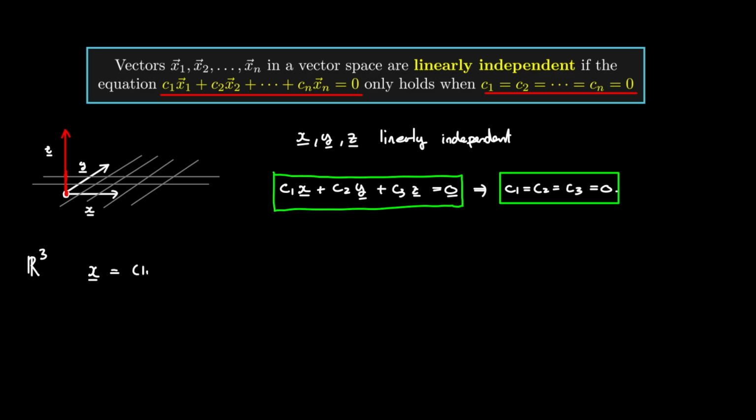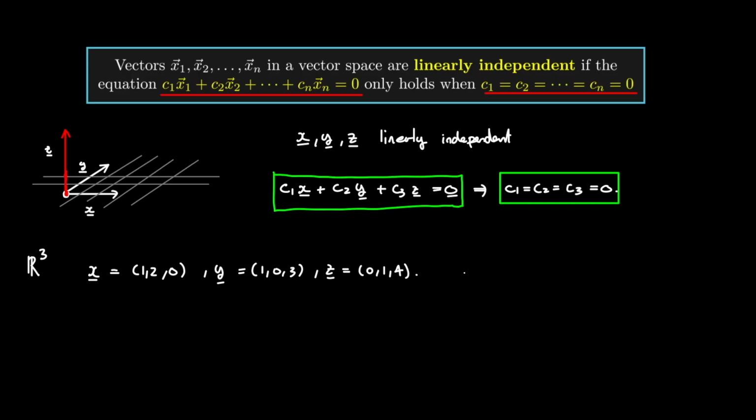Well, let's take (1, 2, 0), because I don't know what else to do. Let's take y equal to, whatever, (1, 0, 3), and z equal to (0, 1, 4). Okay?